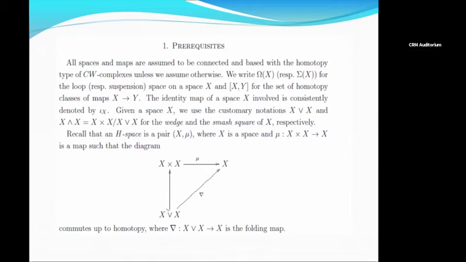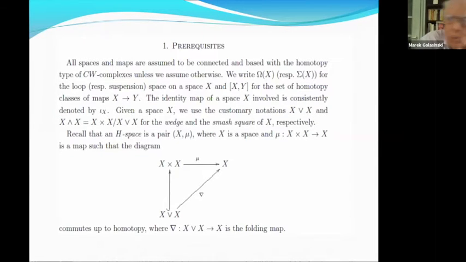If you have a pointed space X, then ΩX, respectively ΣX, is the loop space or suspension of X. Also, if you have two pointed spaces X and Y, then [X,Y] in square brackets denotes the set of homotopy classes of maps from X to Y. If you have a space X, then we denote the identity by ι_X. Given spaces, we use the well-known notation, namely we consider the wedge of spaces and the smash product.